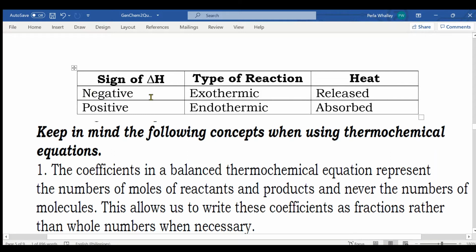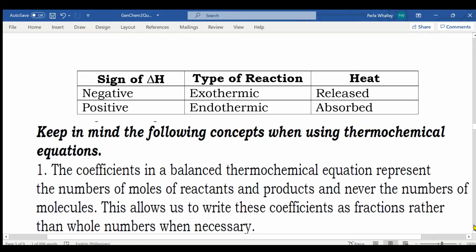Sign of delta H, if it is negative, the type of reaction is exothermic. That means heat is released. When the delta H is positive, the type of reaction is endothermic and the heat is absorbed by the system.